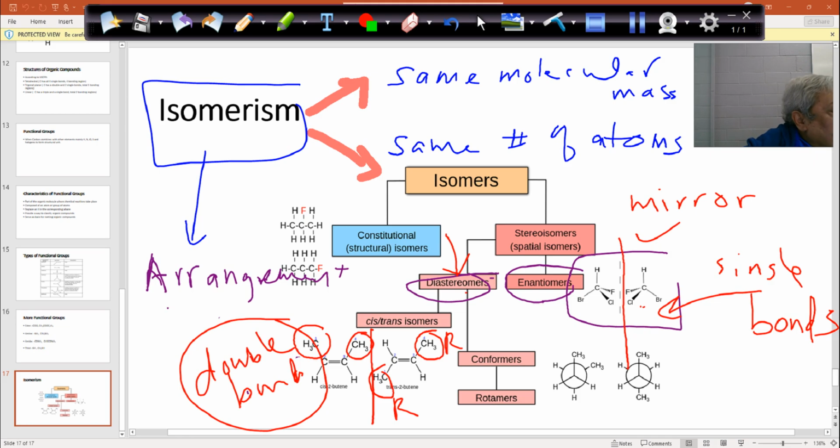One's outside the mirror, one's inside the mirror. But here you can put a mirror and you will not find them together. Instead of a methyl group inside the mirror, you will see hydrogen, or another group. So they are not mirror images of each other.